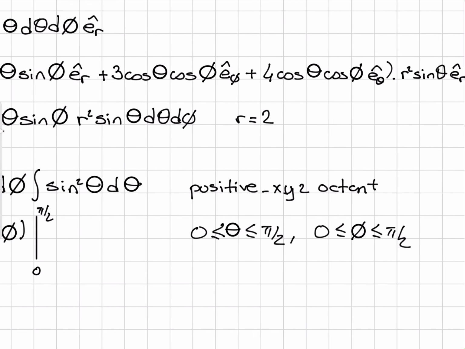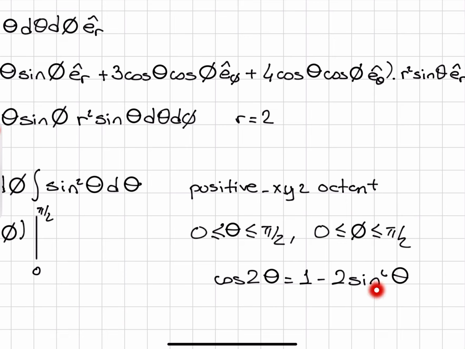Now I can recall that cosine 2 theta is 1 minus 2 sine square theta. So for sine square theta, I can substitute 1 minus cosine 2 theta divided by 2. So for this second integral, 0 to pi over 2, I have 1 minus cosine 2 theta over 2 d theta.